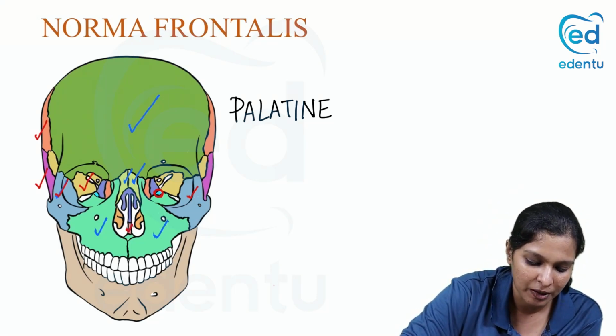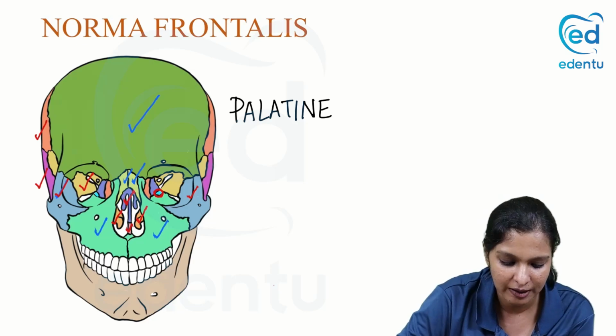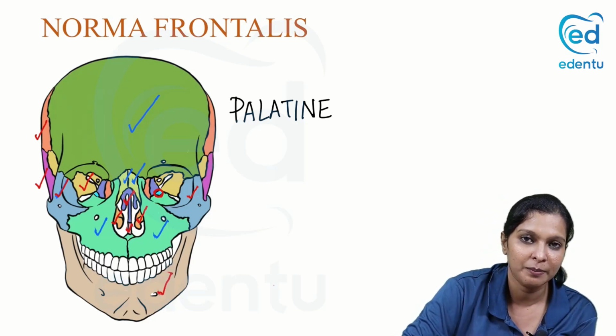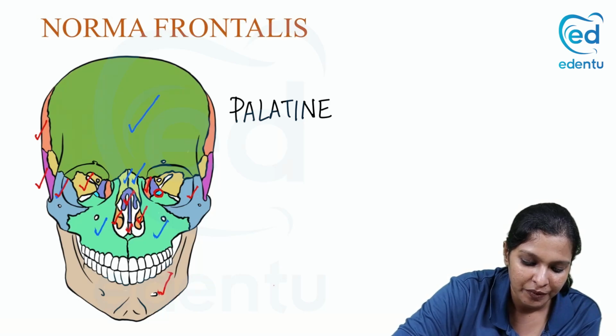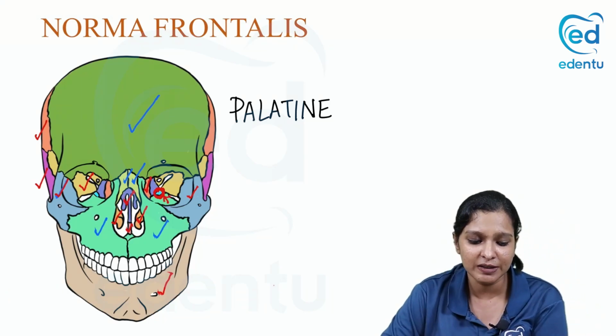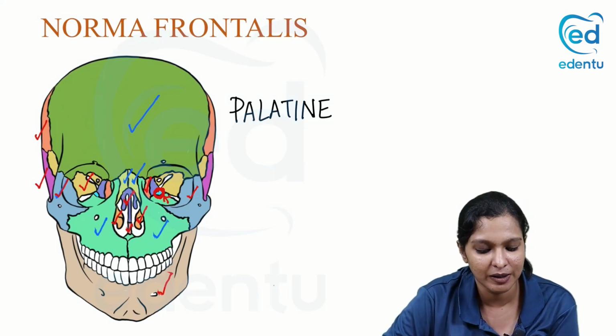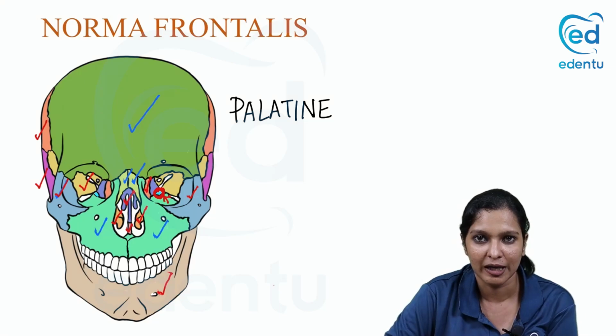This is the vomer in the midline. This is the ethmoid. On either side, this is the inferior nasal concha. And we have the mandible, as well as the lacrimal bone. And this tiny bone here is the palatine bone. So these are all the bones that are visible in the anterior view of the skull, or Norma frontalis.